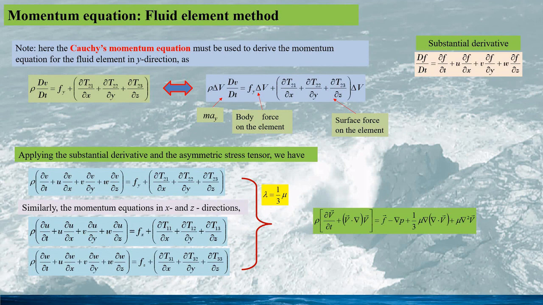We can obtain the momentum equation in vector form as this. Here we can see the substantial derivative of the fluid acceleration given as this. And this part is the divergence of the total stress tensor, T double arrow.